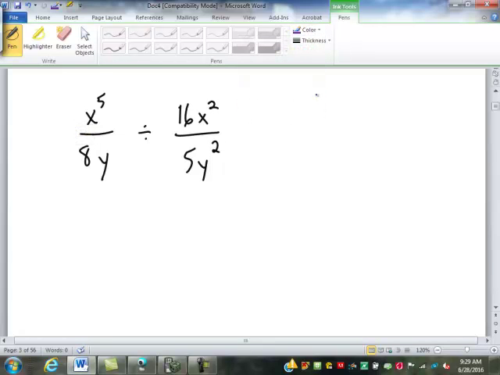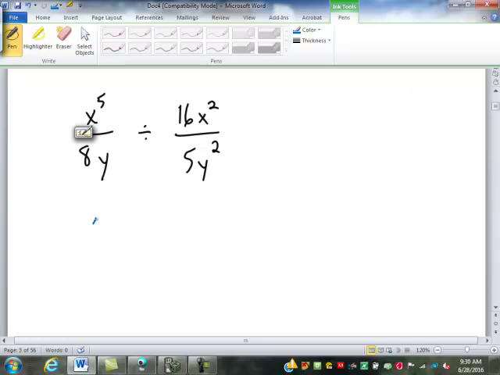What is the first thing I have to do here? Before I do it, I have to take the reciprocal. I have to change this into multiplication first. So I have to rewrite this as a multiplication problem.